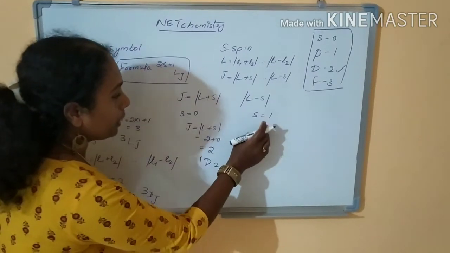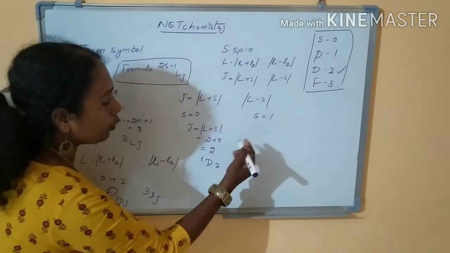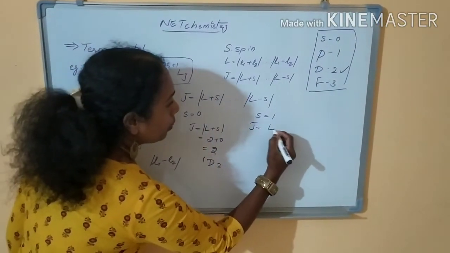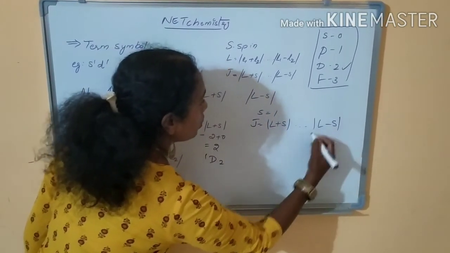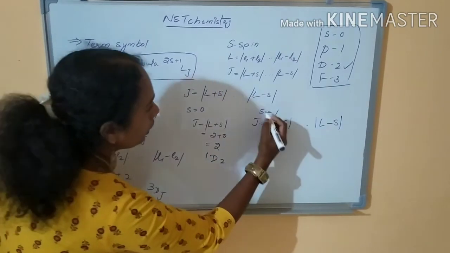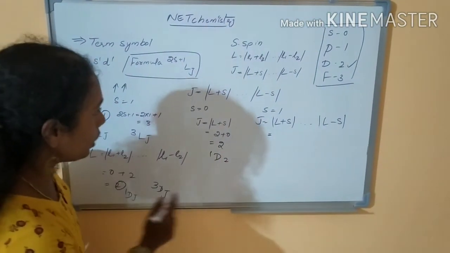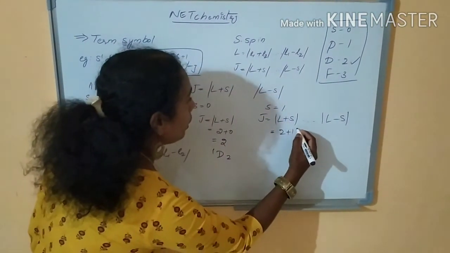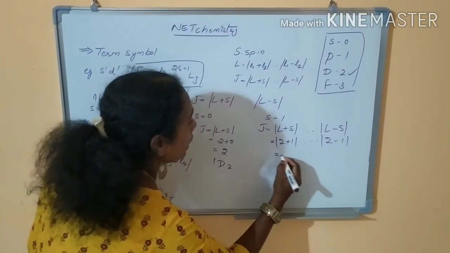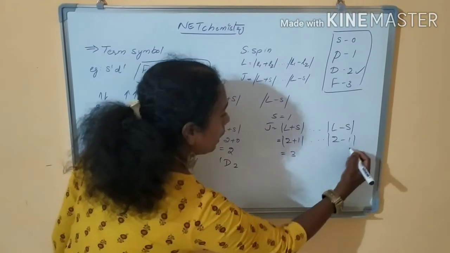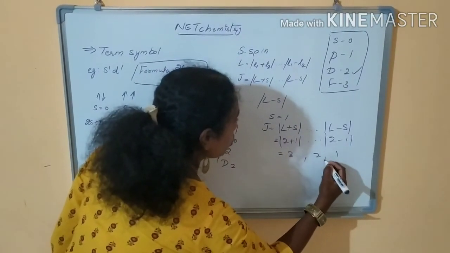Now for the triplet state we have to calculate with S equal to 1. J is equal to L plus S to L minus S, where L is 2: 2 plus 1 to 2 minus 1. 2 plus 1 equal to 3, and 3 down to 2 minus 1 equal to 1. So 3, 2 and 1.